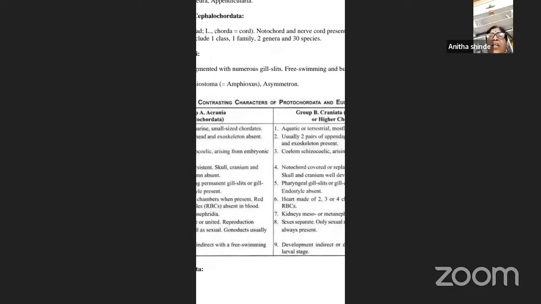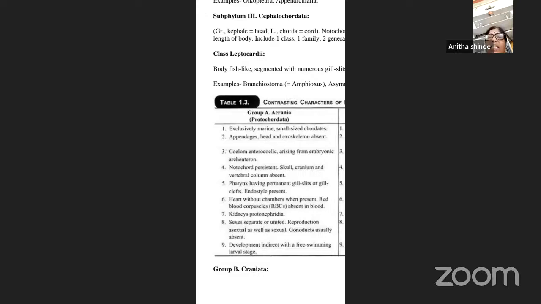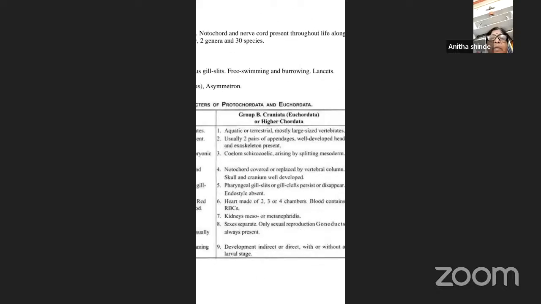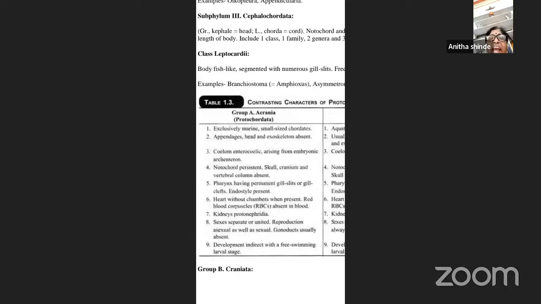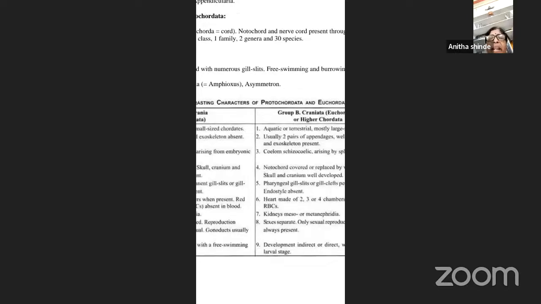Skull, cranium, and vertebral column are totally absent in protochordates, whereas the notochord is covered or replaced by the vertebral column in case of chordates, and the skull and cranium are well developed. The protochordates possess pharynx with permanent gill slits or gill clefts, and endostyle is present, whereas here the pharyngeal gill slits or gill clefts persist or disappear, and endostyle is absent.